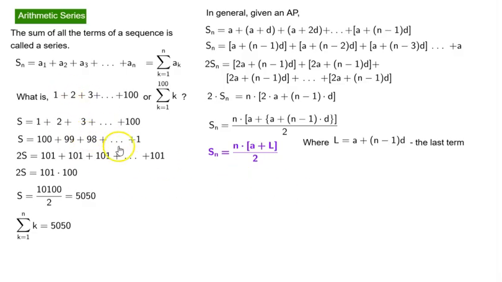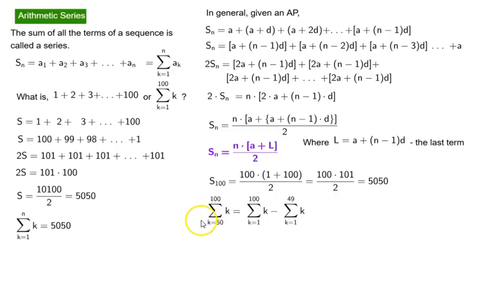Now let's do this problem using this formula. So we have S sub 100 is equal to n is 100 times a is 1, the first term, plus 100 is the last term. So 100 times 1 plus 100 by 2, which is 100 times 101 by 2, which gives us 5050. Okay. But what if we want to find the sum from 50 to 100?